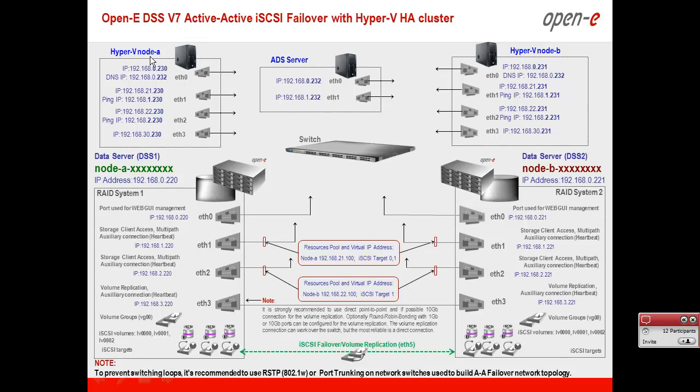On the Microsoft Hyper-V cluster side, the setup is 0-230, and then ETH1 and ETH2, where you see 21-22 and the same 21-22, because 21 and 22 are our virtual IPs.